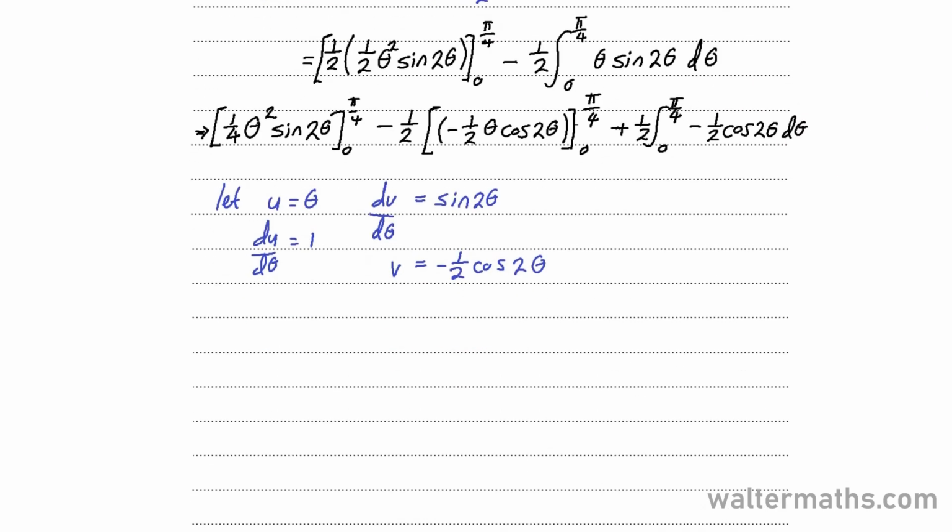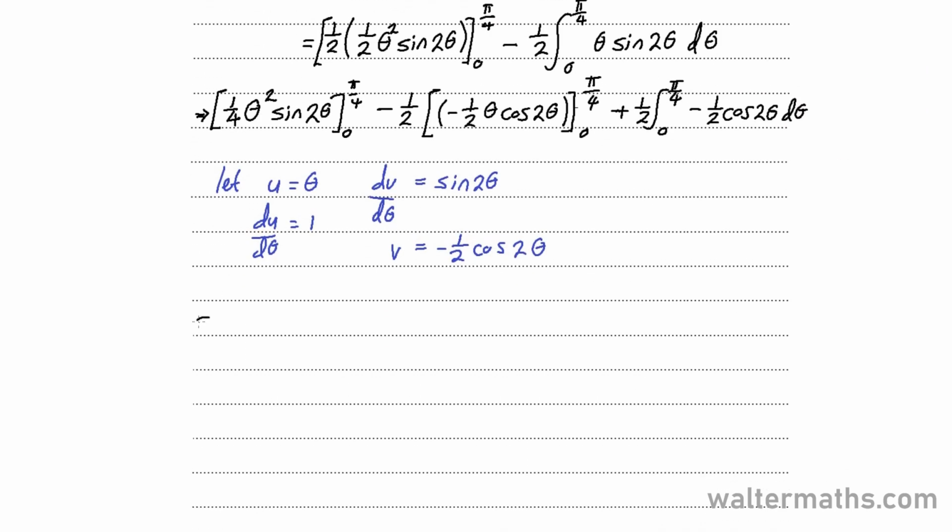So we can simplify this. Taking it up to here, combining the whole thing, we have a quarter of theta squared sine 2 theta, and minus a half and minus a half is a quarter, so it's plus a quarter of theta cos 2 theta.